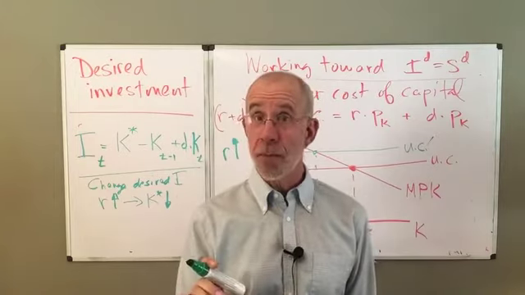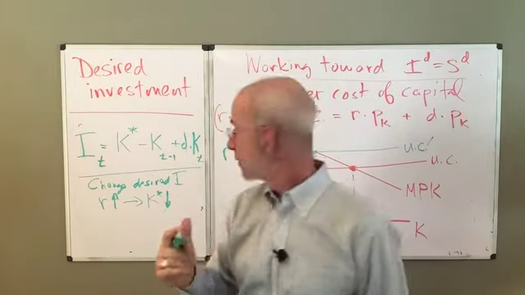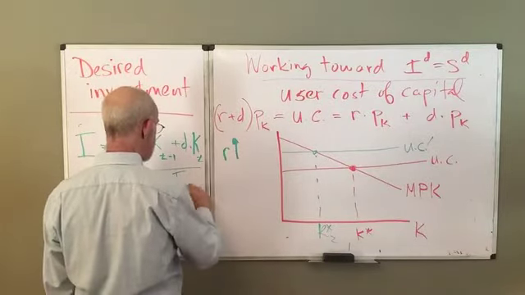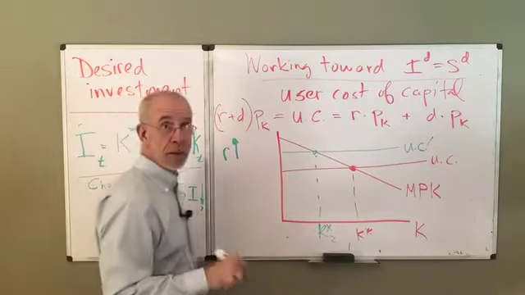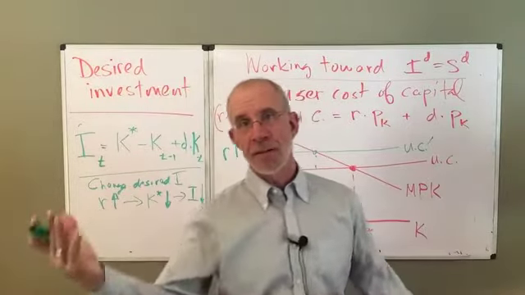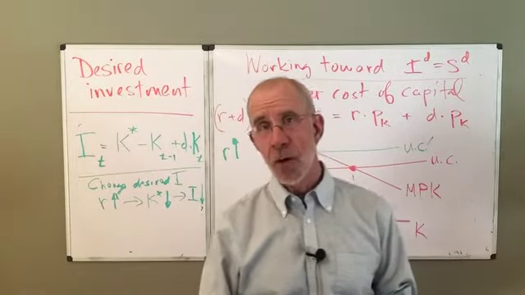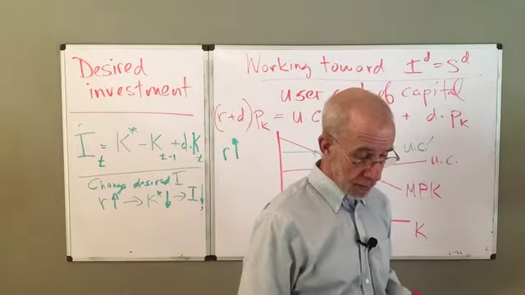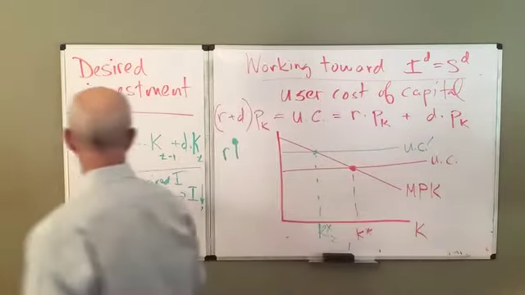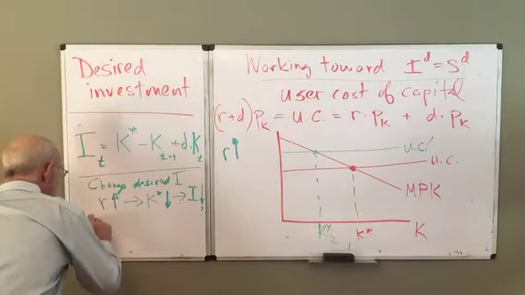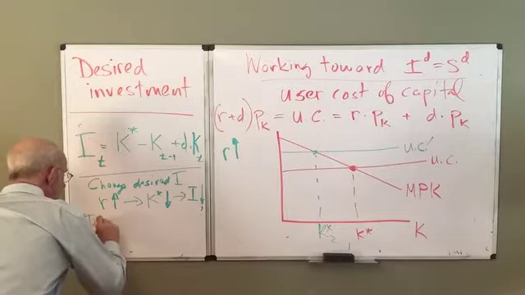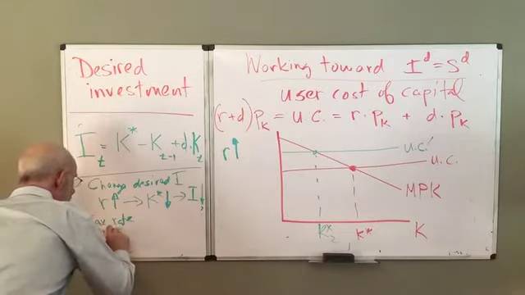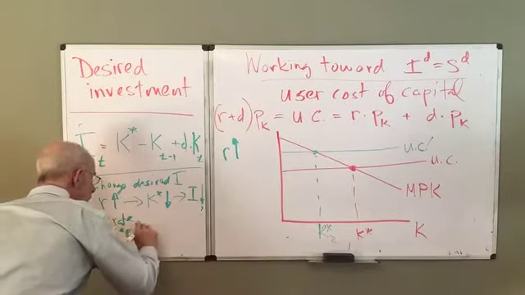It's more expensive to borrow. Firms will scale back. So what you would then have is that investment tends to fall if the interest rate goes up. That's just basically, it's more expensive to borrow funds, so you're going to invest less. Now I haven't really done this explicitly, but I think this is pretty easy to think about.